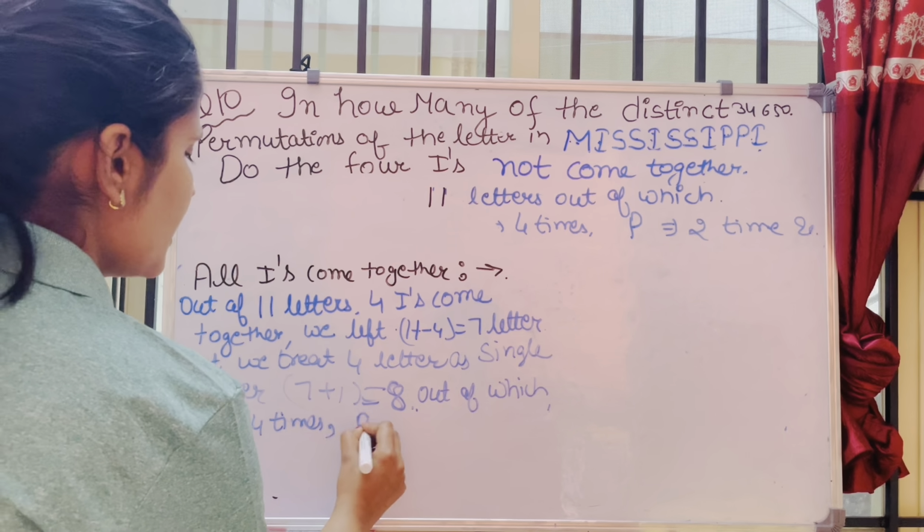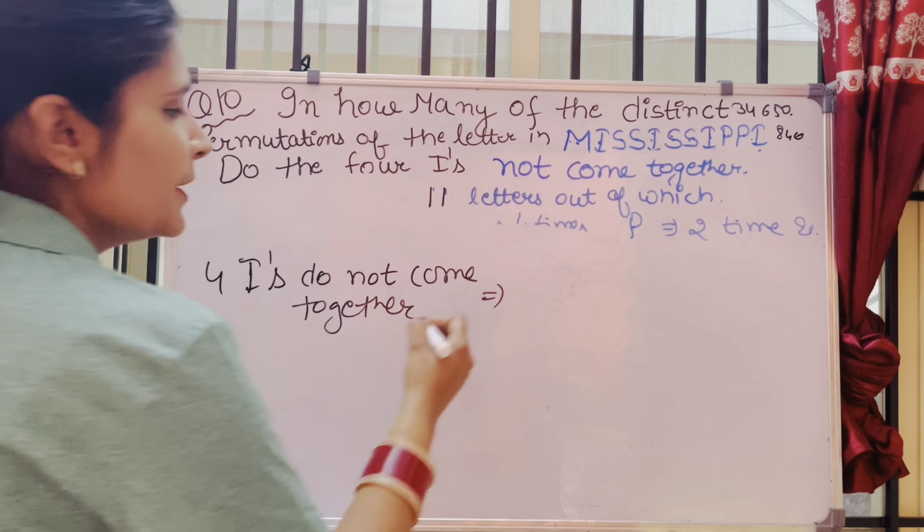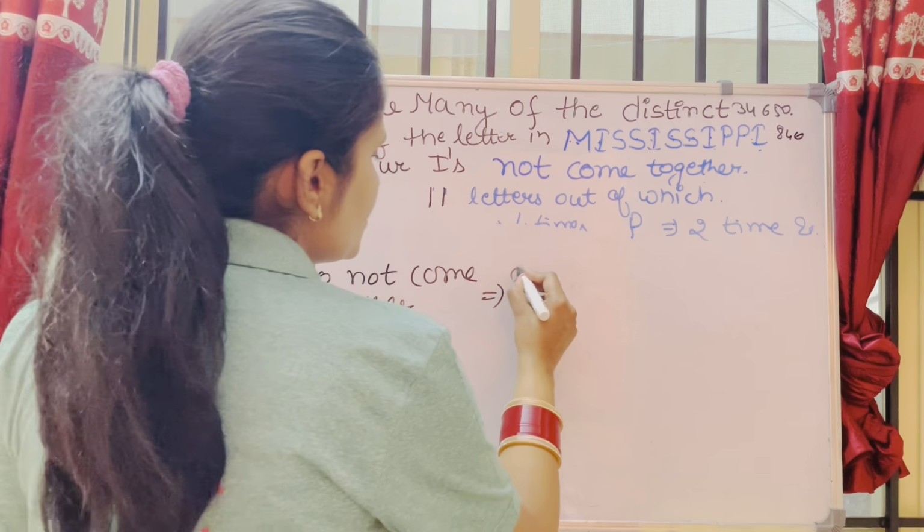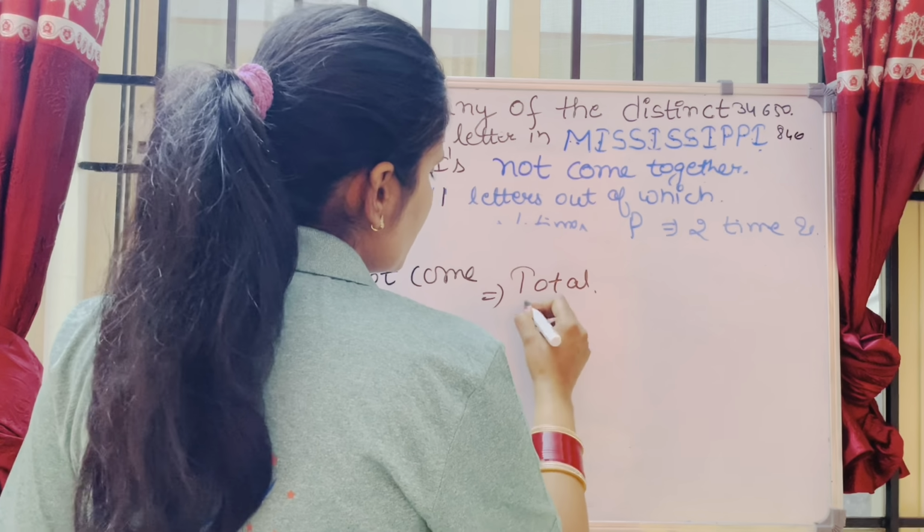But we want to find out when 4 I's do not come together. We have to find out the permutations when all 4 I's do not come together. So we have to subtract: total arrangements minus the arrangements where the 4 I's come together.